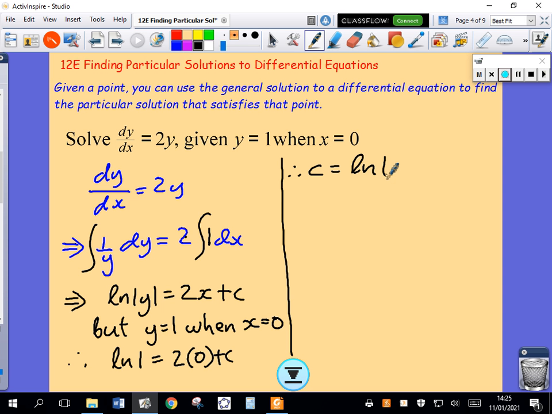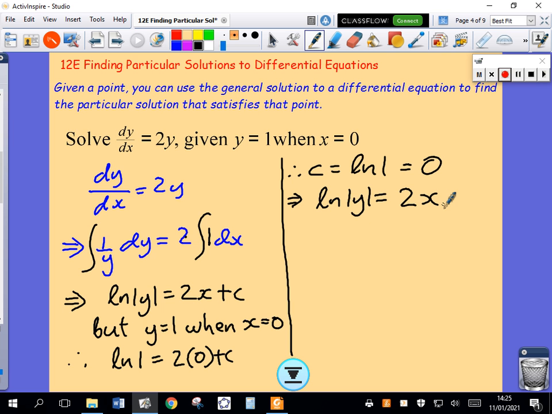Well, the natural log of 1 is the exponent to which e is raised in order to get 1, and that exponent is 0. So the constant of integration here is 0, which tells me that the natural log of the absolute value of y has to equal 2x.